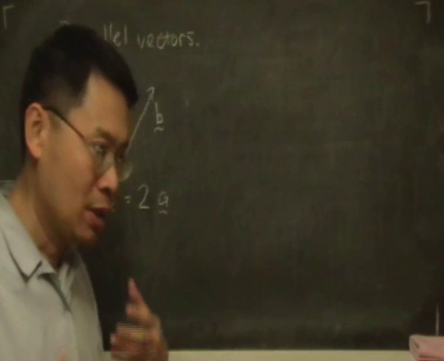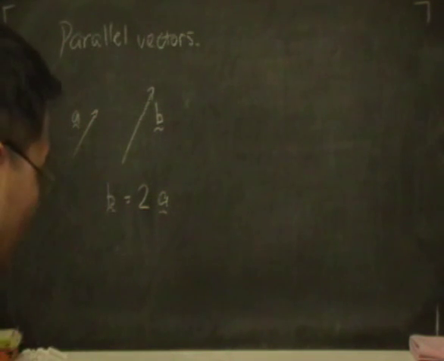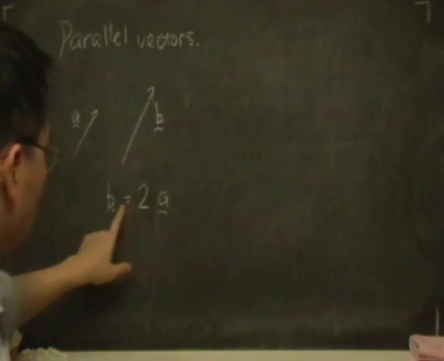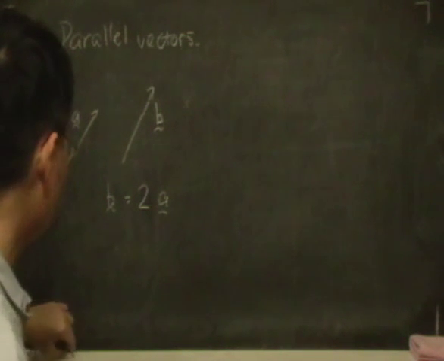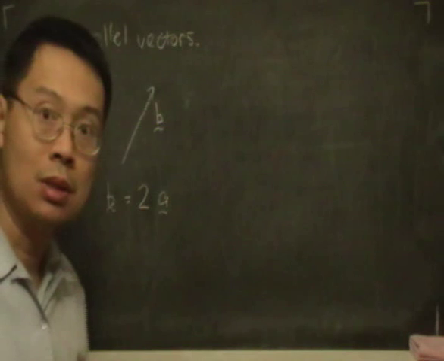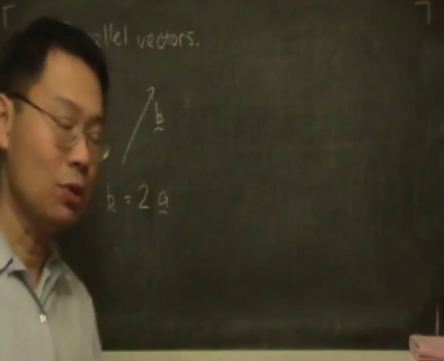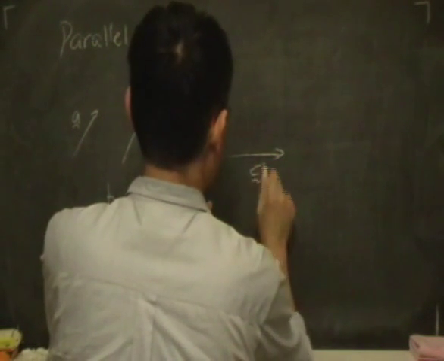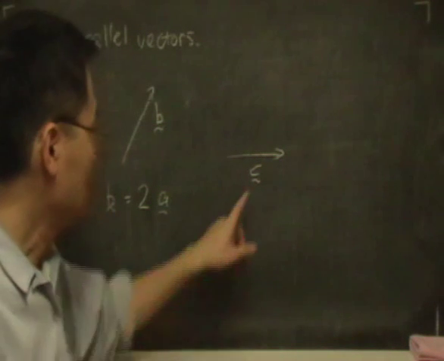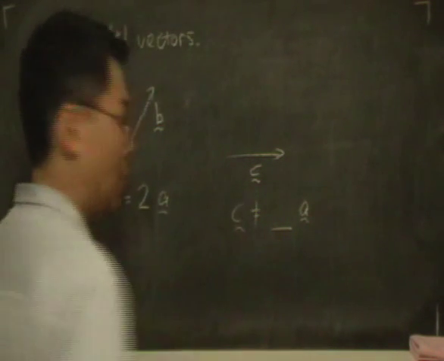So if we take this idea a bit further, let's think about a vector that does not depend on A. Now, since, as we have said, depending means that if one vector is equal to a number times another vector, then it's said to depend on that vector, like B depends on A. Then I can think of a vector where I cannot write it as a scalar times A. And since this only happens when the vectors are parallel, that simply means that I have to think of a vector in a different direction, like a vector C, that has a different direction from A. So in this case, I can never ever write C as a number times A. Never.